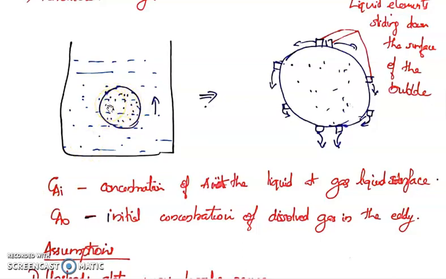You can refer to the animation that I have shown in our first class. So the molecules A, which are trapped inside the bubble, will try to diffuse into the liquid that is surrounding the bubble, and the bubble itself is moving upwards.